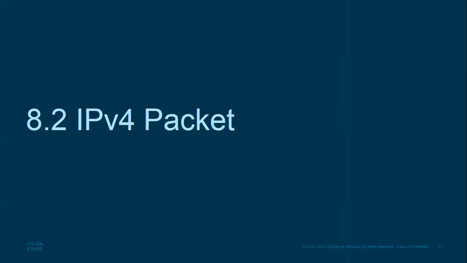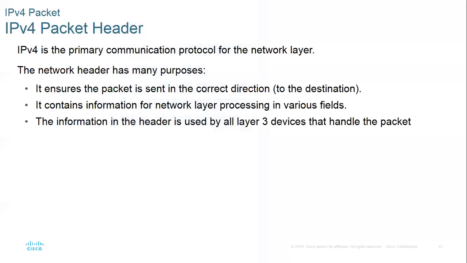In this section, we'll be discovering the IP packet format. An IP packet, which is a unit at layer 3, a PDU, is made of a header and a payload.